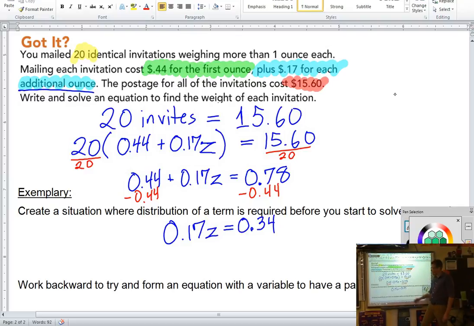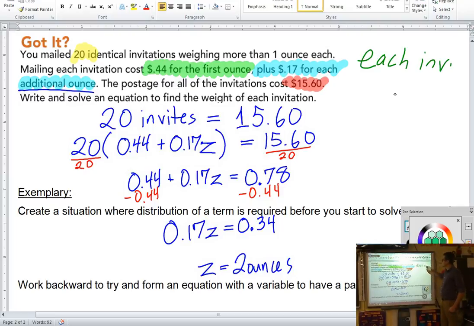And when we do the division, our extra weight would be 2 ounces. So what that tells me is each invite weighs what? If it's 2 extra ounces, what's its total weight?